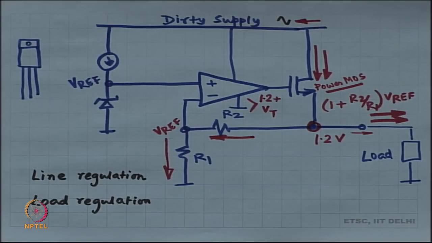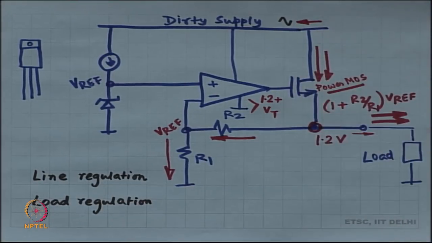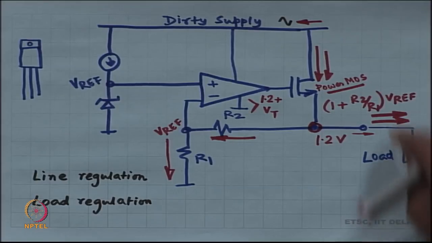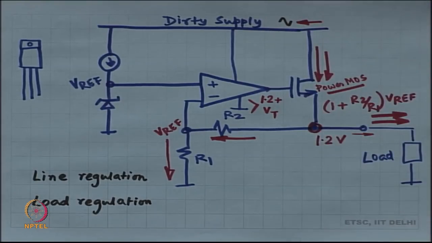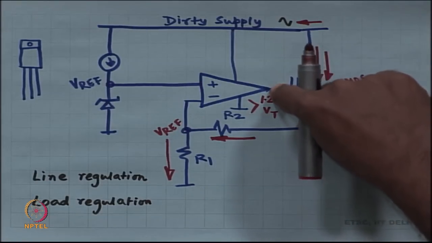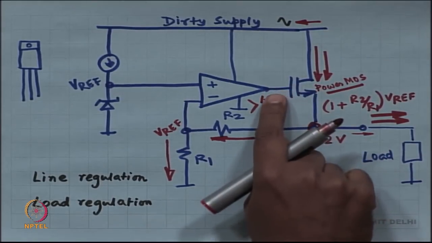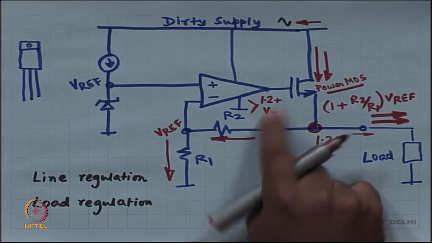I am taking the most optimistic situation over here. Most optimistic situation is when the power MOSFET is really large, such that the amount of current drawn out through the power MOSFET requires absolutely no VGS minus VT, which means that VGS of this power MOSFET is equal to VT, most optimistic, which means that the voltage at the output of the op amp has to be 1.2 plus a VT.